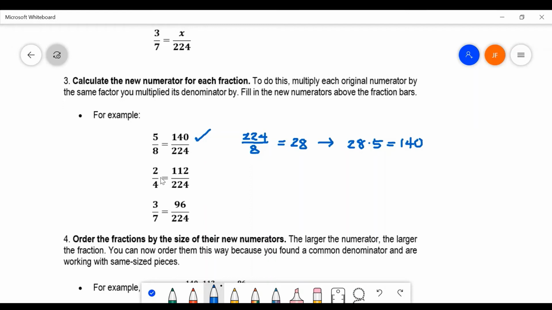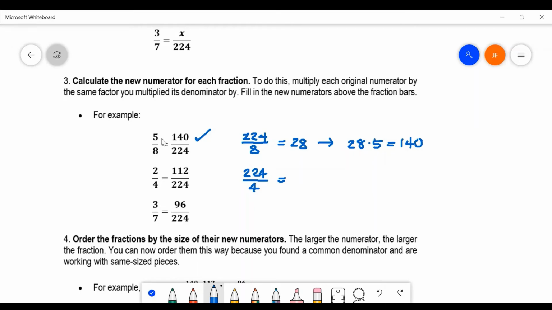Then for the 2/4 equals 112 over 224. Again, the same process. The common denominator 224 divided by the denominator 4. So instead of thinking hard, we can easily go here, the denominator 8 times 7.